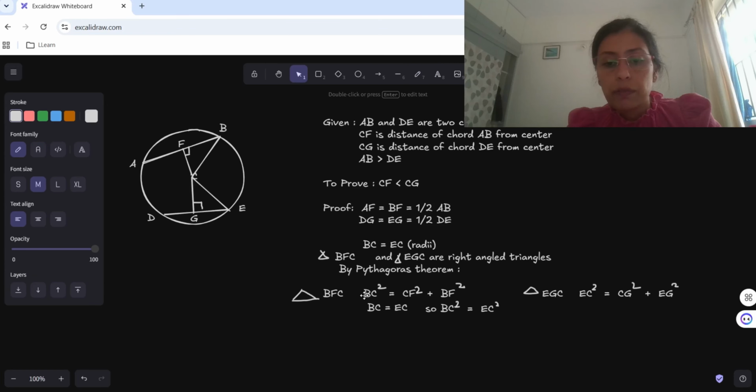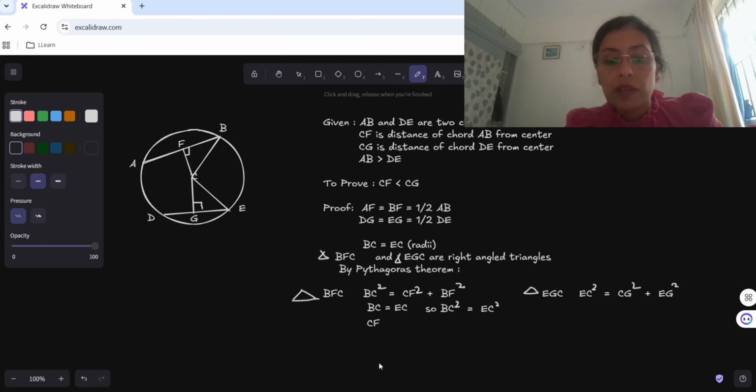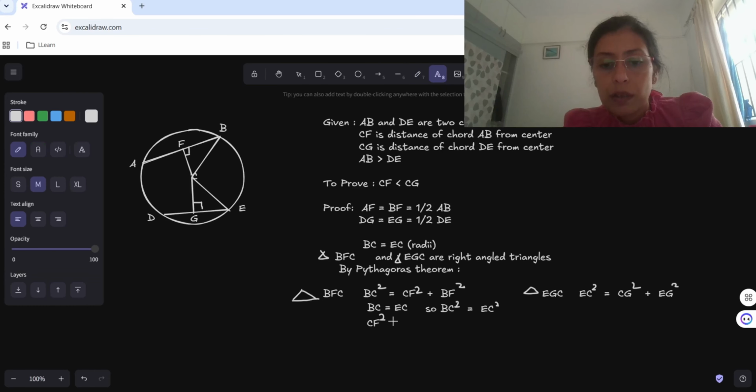Now BC square is CF square plus BF square. Let's replace it then.